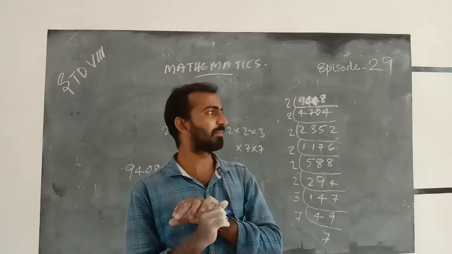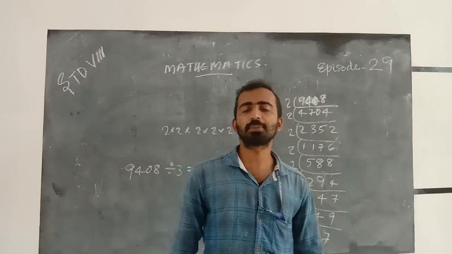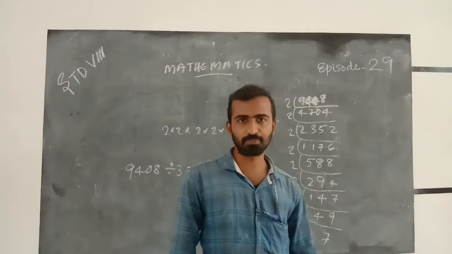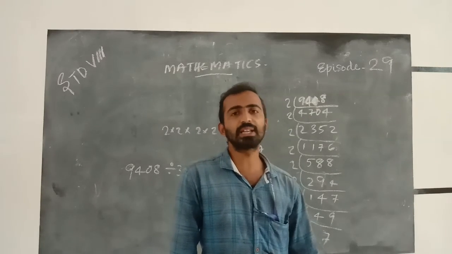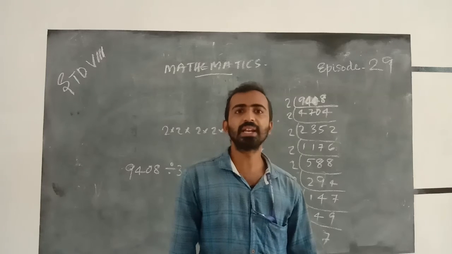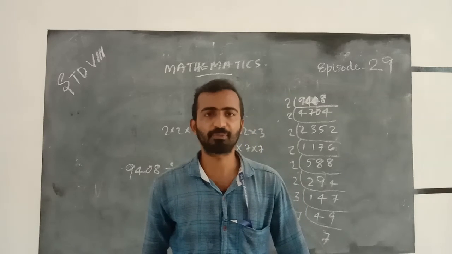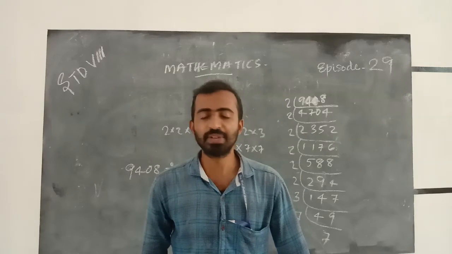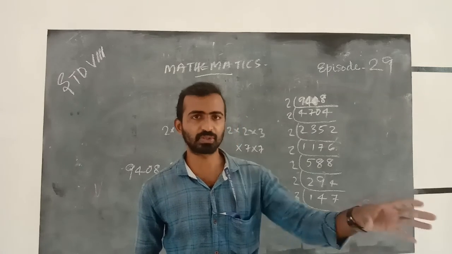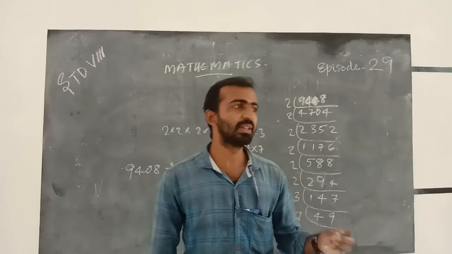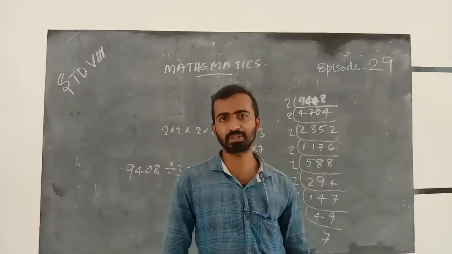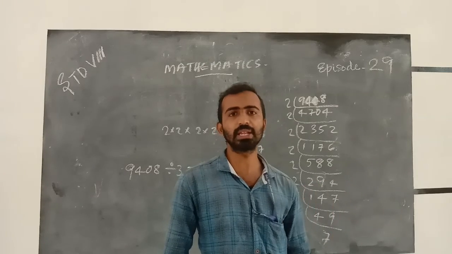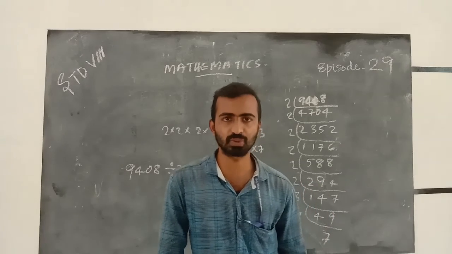We studied the repeated subtraction method, and this prime factorization method. If we don't get pairs of prime factors, then the number is not a perfect square. We also studied how to make a number a perfect square: when a number is not a perfect square, we multiply or divide it, then we get a perfect square.